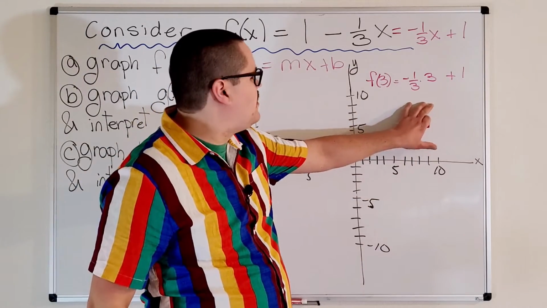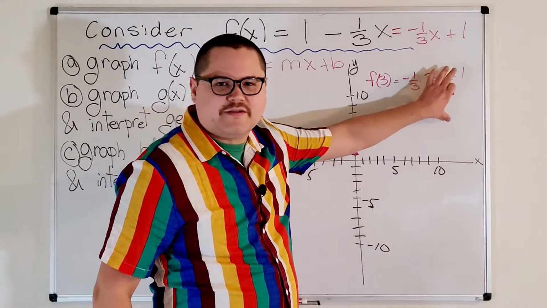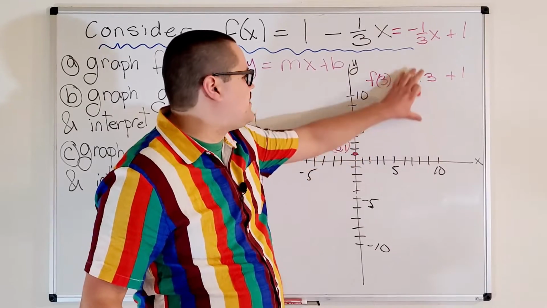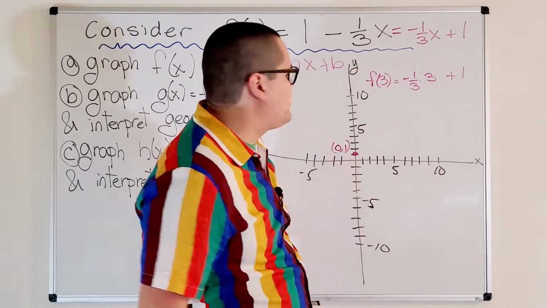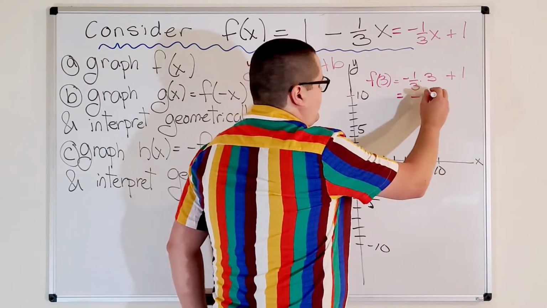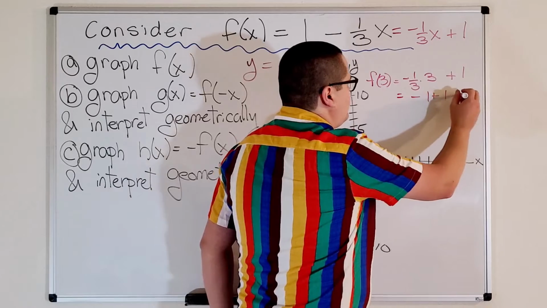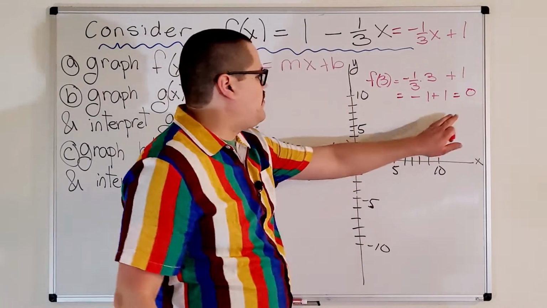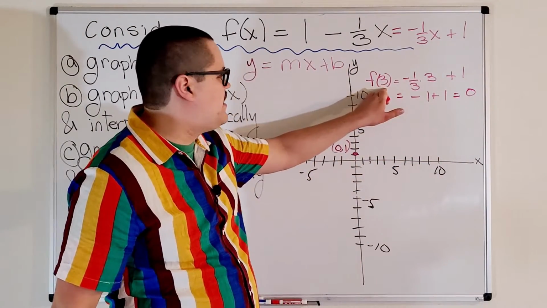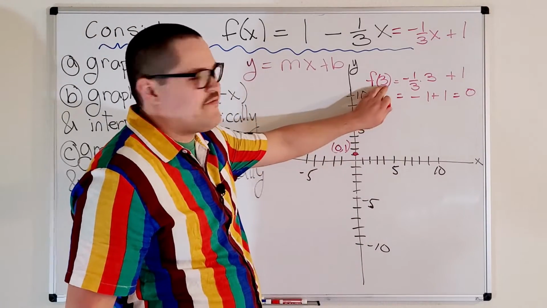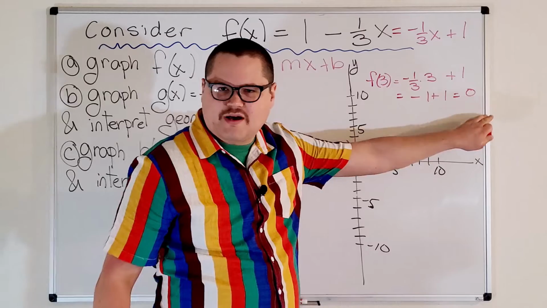Okay, so negative 1/3 times 3, well, that basically cancels, and this becomes negative 1 plus 1, aka 0. So this means the point 3, 0 is on our graph, because f of the x value is always the y value.